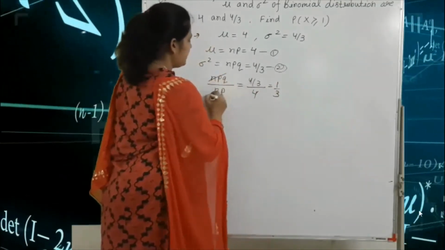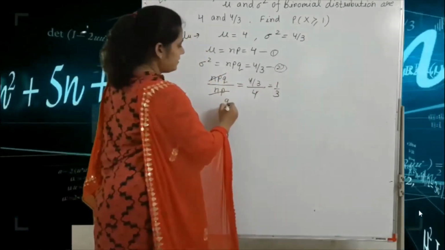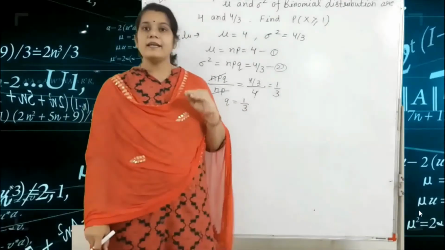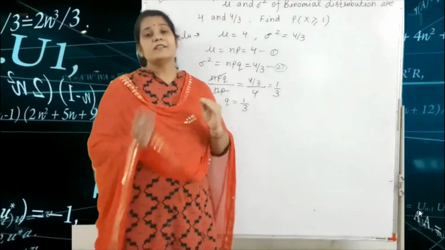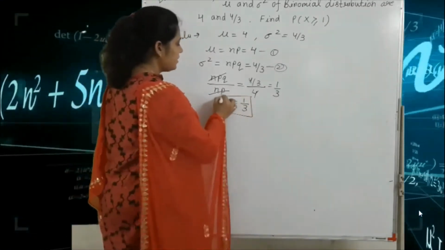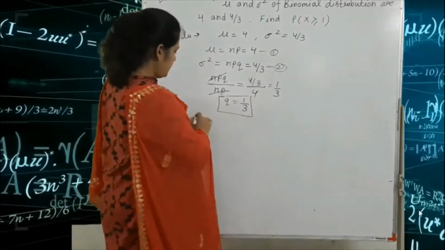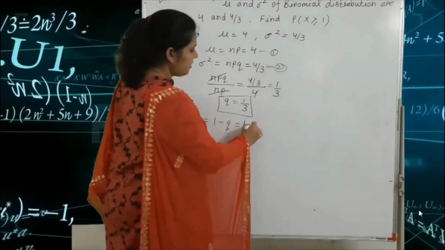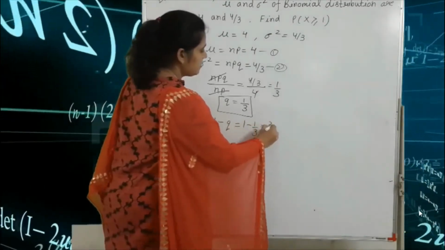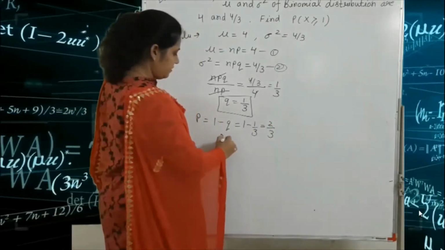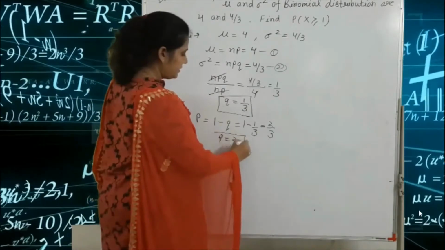That means np cancels, so we get the value of q is equal to 1 by 3. So if q is equal to 1 by 3, what is the value of p? Value of p is equal to 1 minus q, that means 1 minus 1 by 3 is equal to 2 by 3. That is, p is equal to 2 by 3.